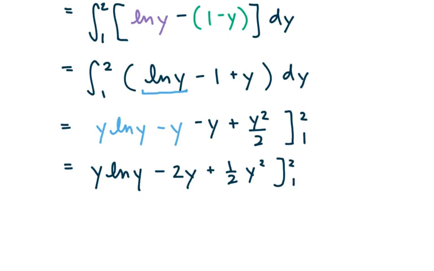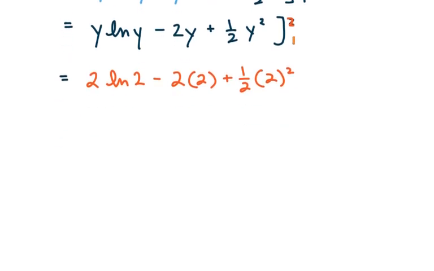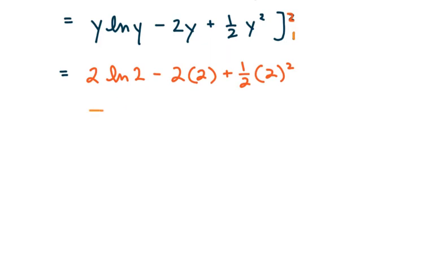From 1 to 2, at this point we just plug in. So plugging in my 2, I've got 2 natural log of 2 minus 2 times 2 plus 1/2 times 2 squared. Plugging in 1, I'm going to have minus all of this.